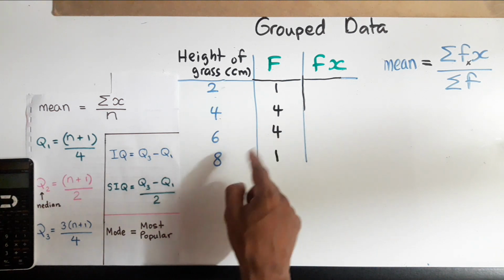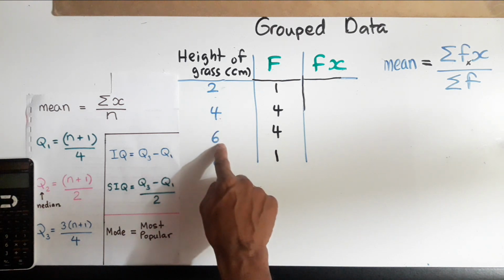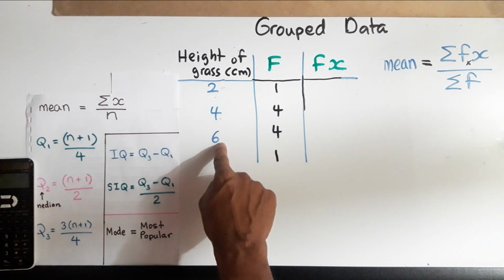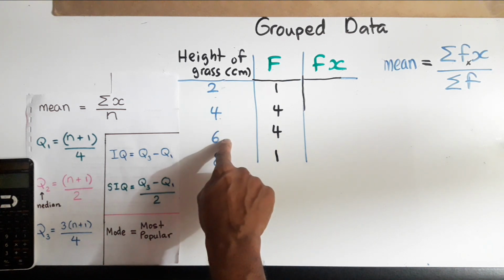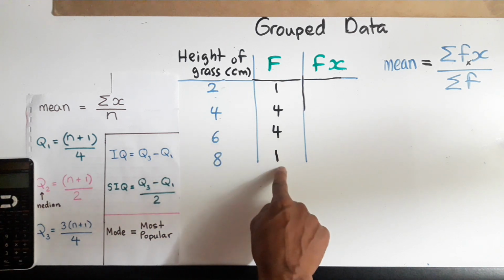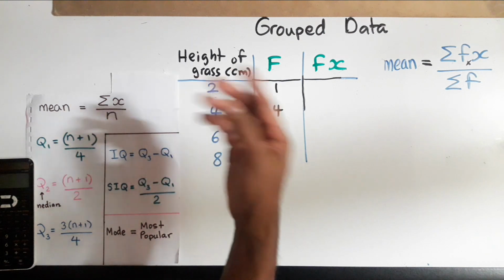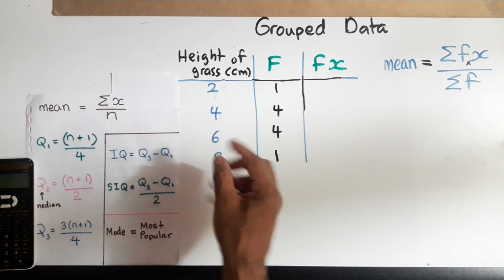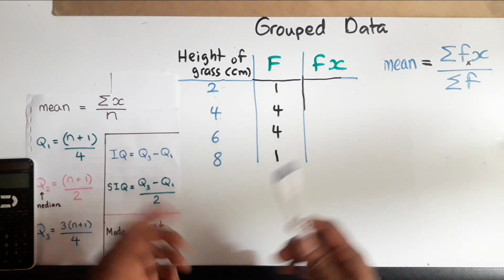So let me show you how to easily interpret this. According to the table, 4 blades of grass were 6 centimeters tall. 1 blade of grass was 8 centimeters tall. So when we were gathering the information, frequency represents the amount of times something occurred.